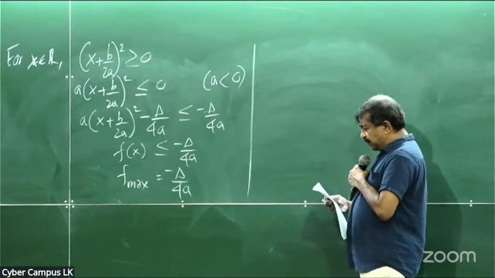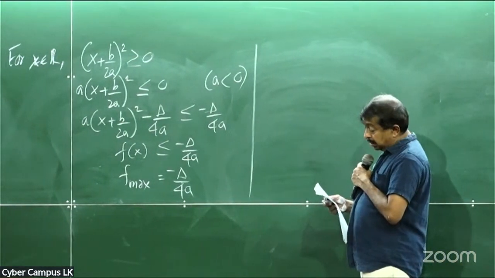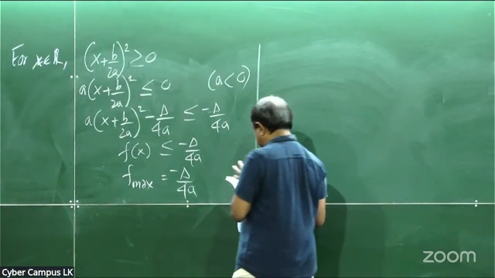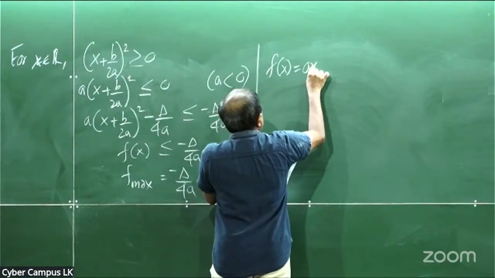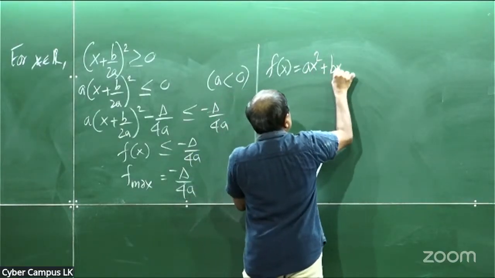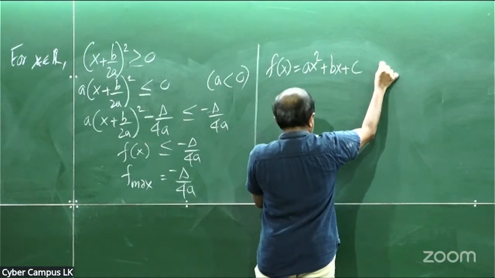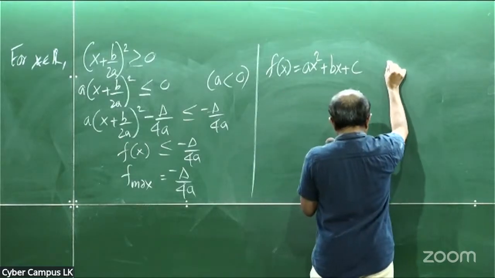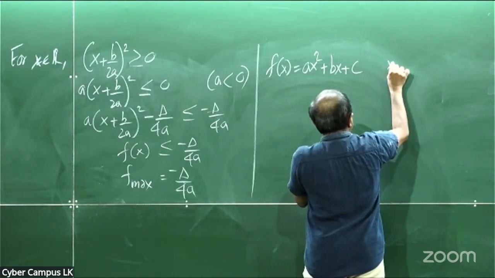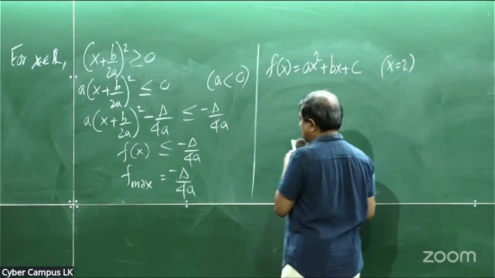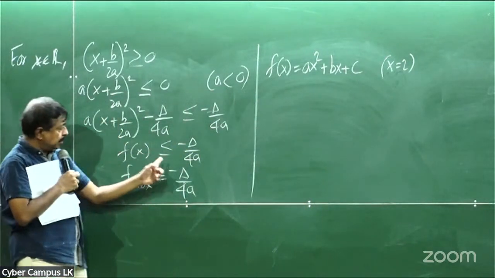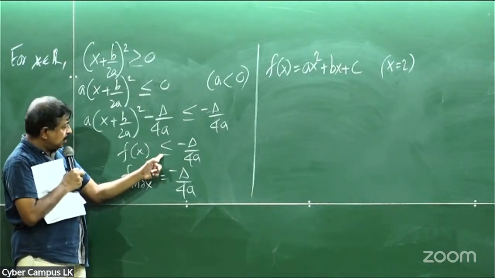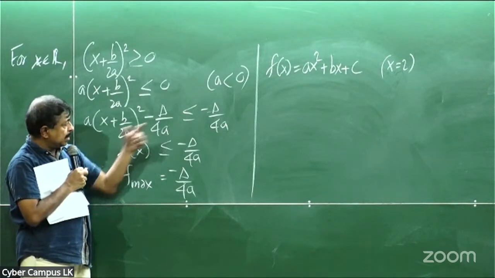Right. Now, the maximum value of f(x) is attained at a particular x. It means that the maximum value occurs at this point. Look, for the maximum value, the equal sign should be there.